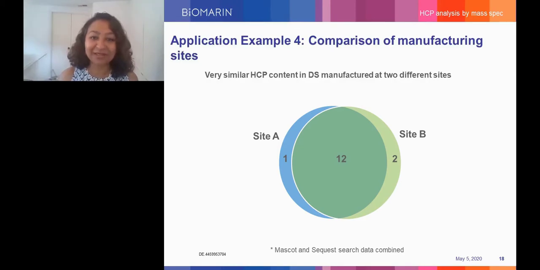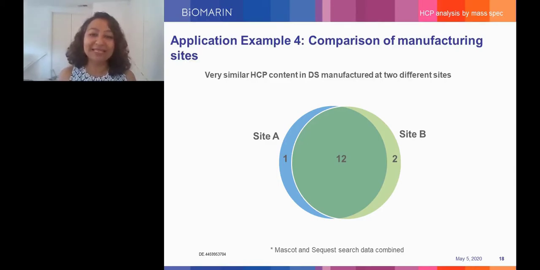It's quite difficult to get exactly the same process. And good analytics, high resolution analytics using mass spectrometry, can be so informative to understand the difference in manufacturing of the same drug substance using the same process at two different sites, where there might be some differences in the equipment or in the operation details and so on.